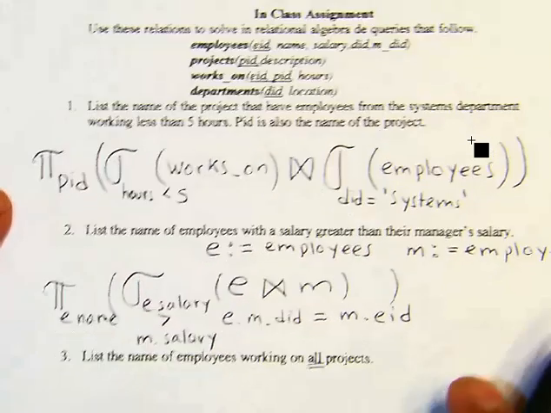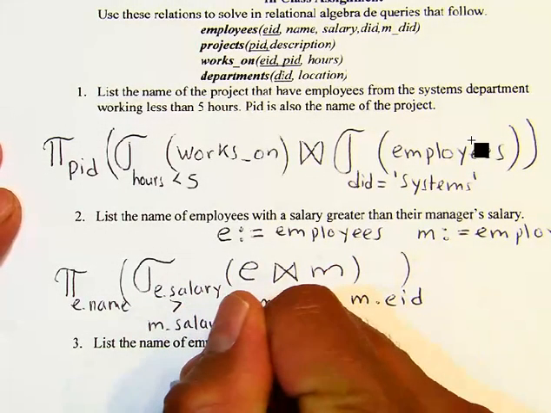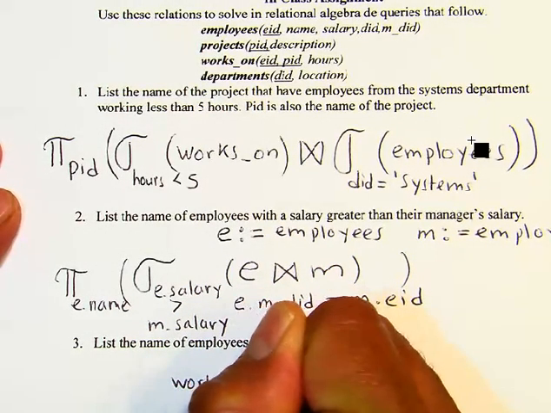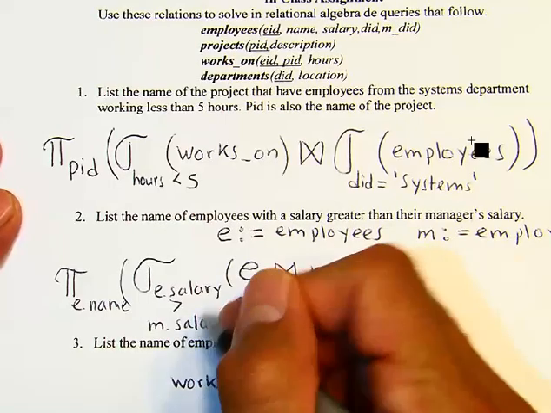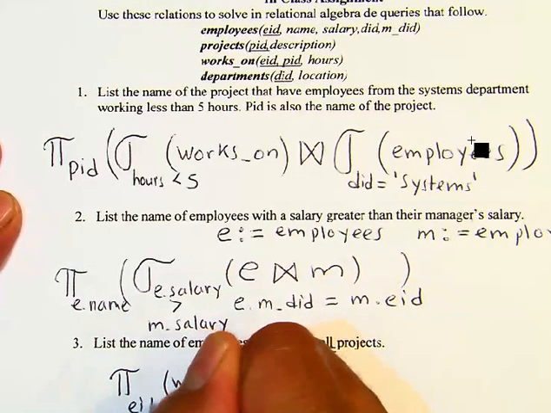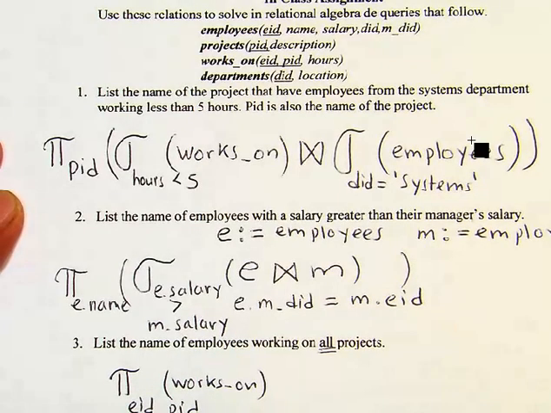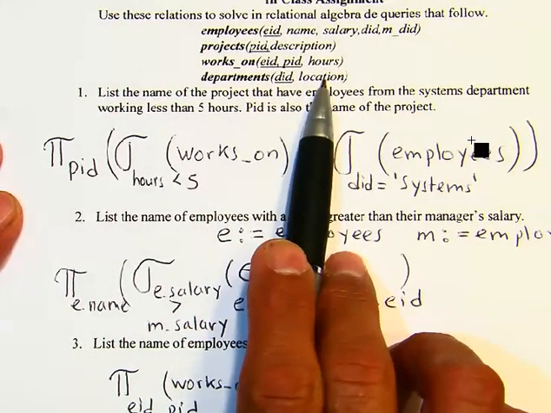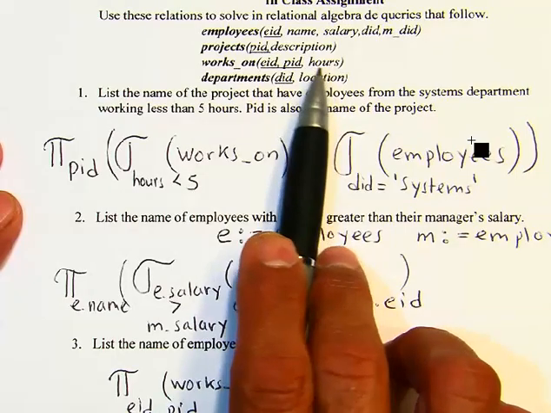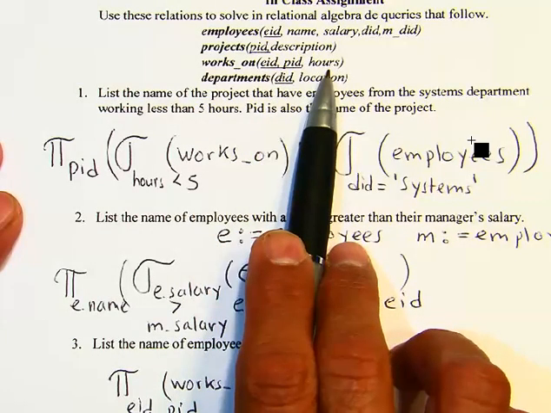Then we need the following. We need to say works on, then we do the pi on EID, comma PID. Why am I doing this? Because if I leave hours, it will give employees that work on all projects the same number of hours.